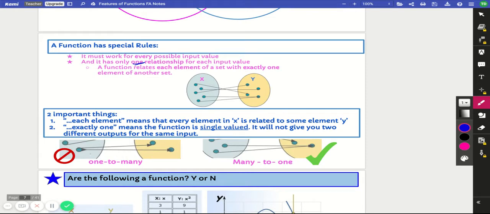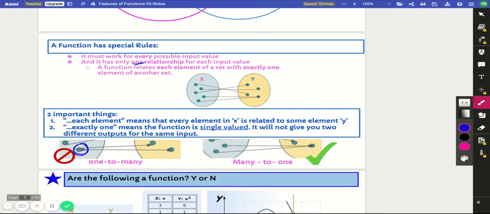Okay, so what does that mean? Here's an example. Here's my input over here on the left, and it's outputting two different values. And that can't be possible. So that means it's not a function.